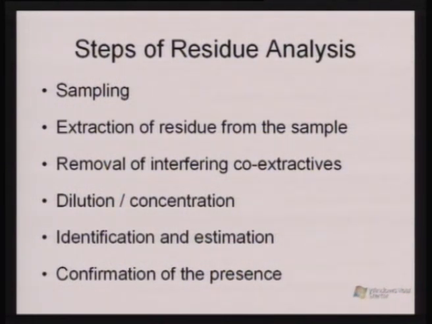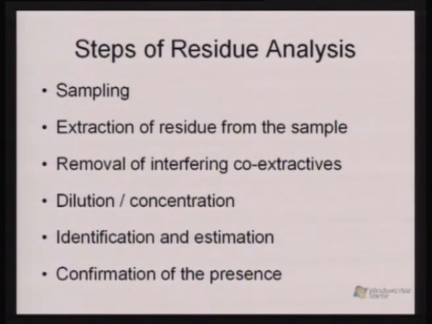Then come to the extraction of residue from the sample. We need to extract the pesticide residue from the sample using either ether or dichloromethane. For example, if it is a water sample, we need to add 250 ml of dichloromethane and 200 ml of ether. Maybe it may be a petroleum ether.